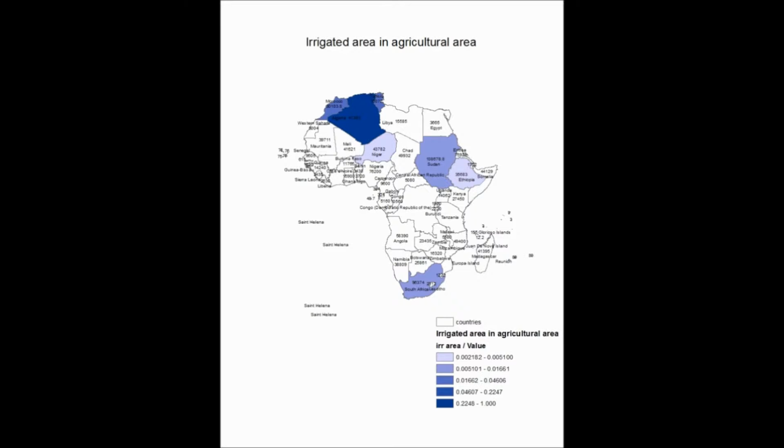The numbers on the map represent every area of this region. Apparently, Africa is not a place having a developed irrigation system. Only several countries of Africa have an irrigated area, such as Morocco and South Africa, which are both comparably developed countries in Africa, and Sudan, Algeria, and so on.